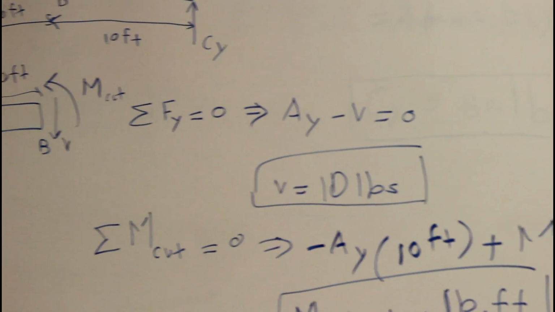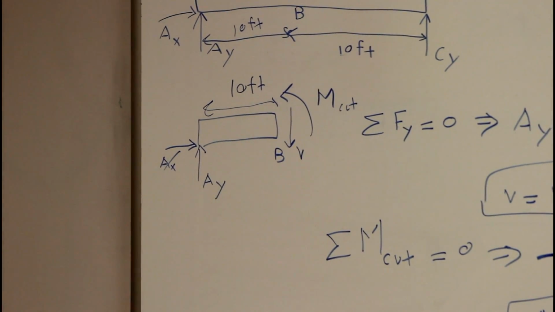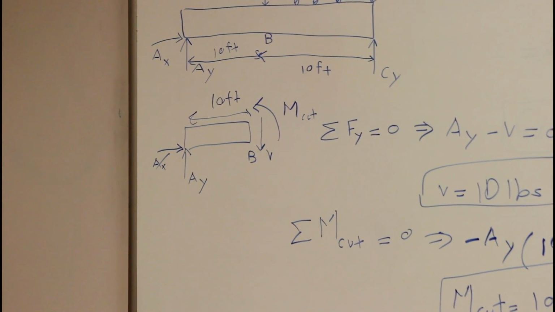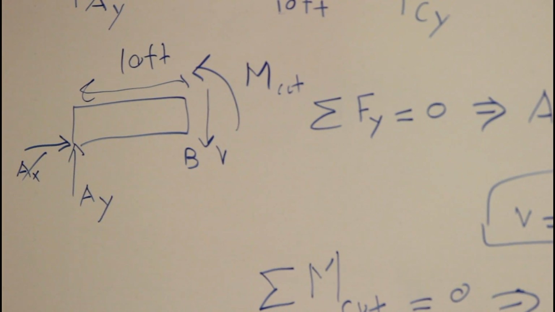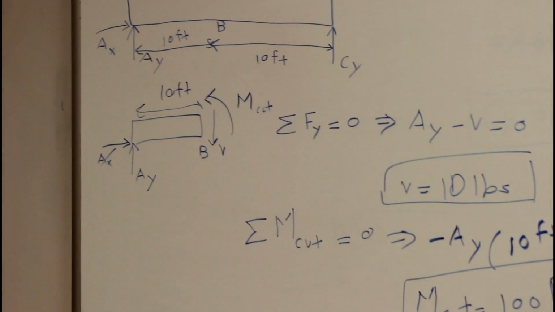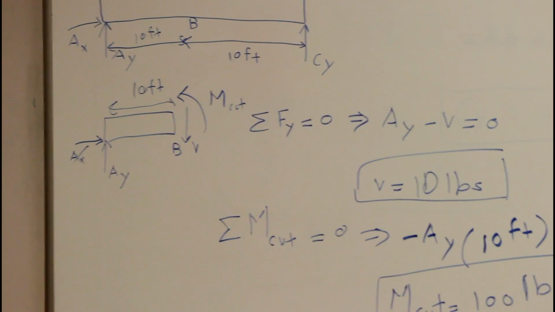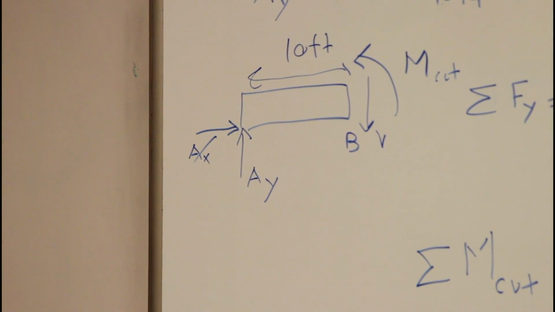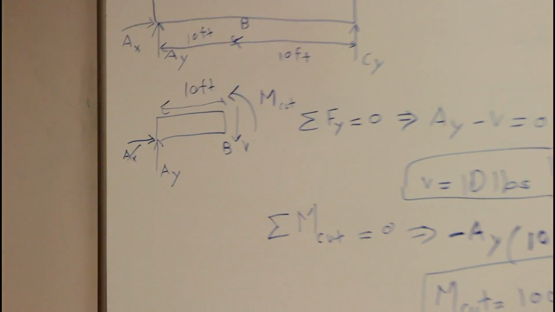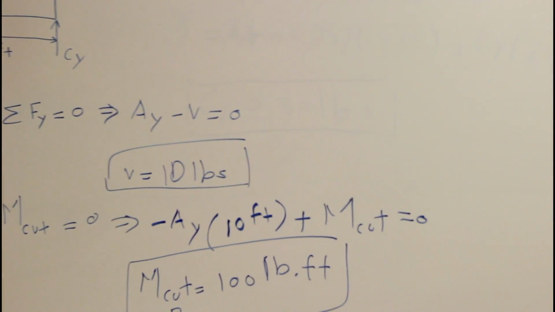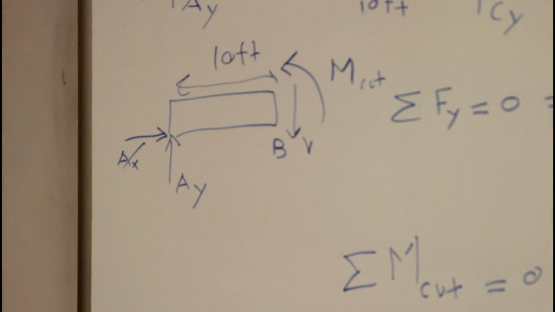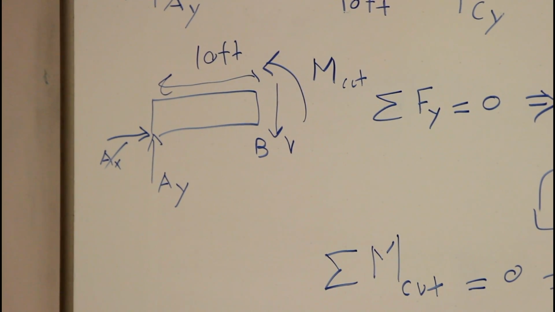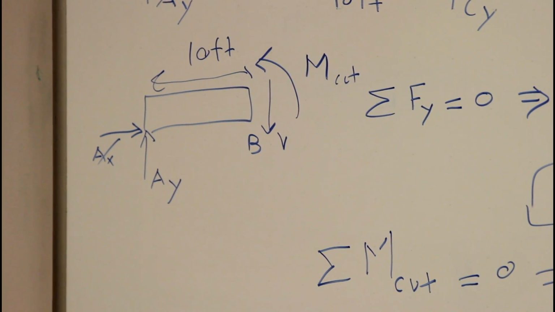After we cut the beam, the first thing we do is calculate the sum of the forces in the Y direction, and we come up with AY minus V equals 0. This is going to be our equation. AY is given, as we assumed, so V is very easy to calculate. After that, we calculate the sum of the moments, which we call M cut because we cut the beam, equal to 0.